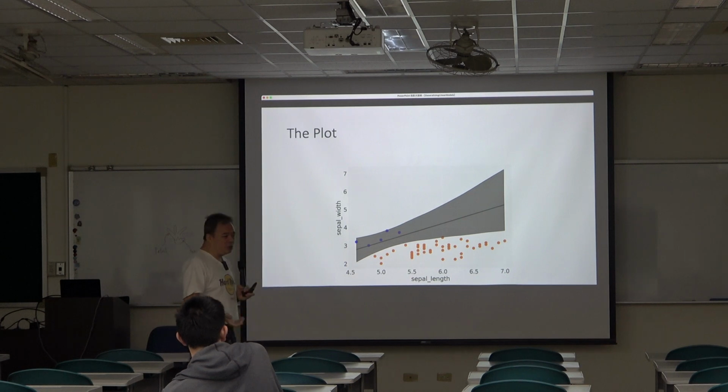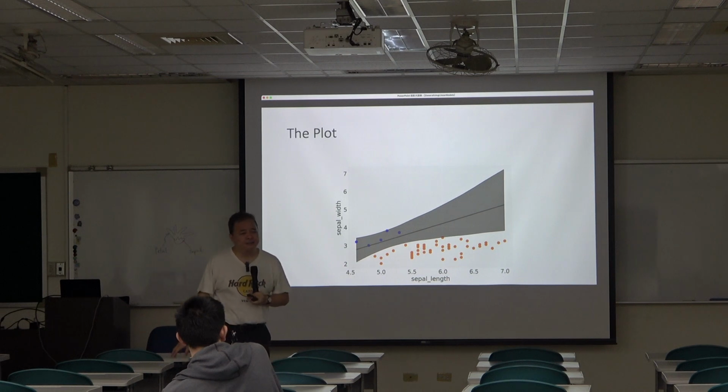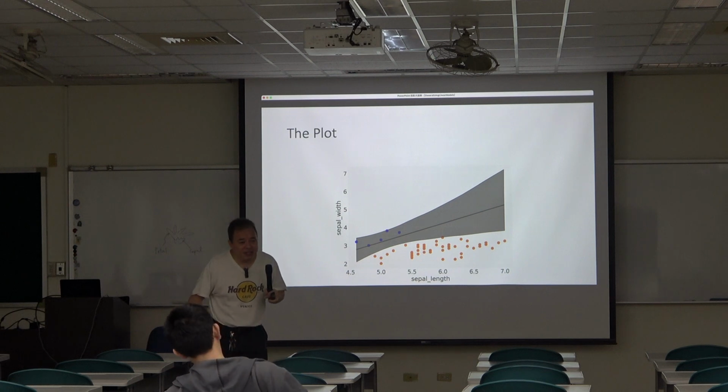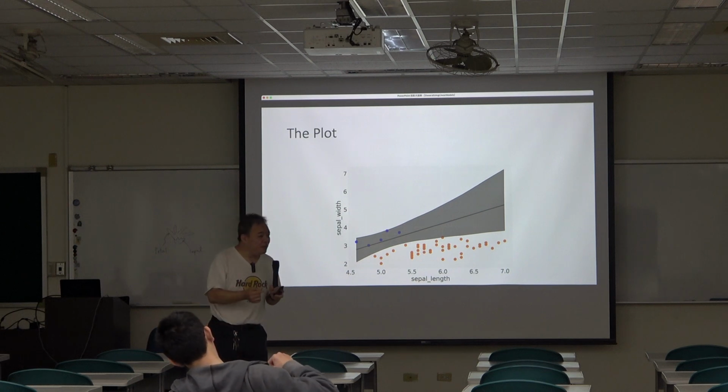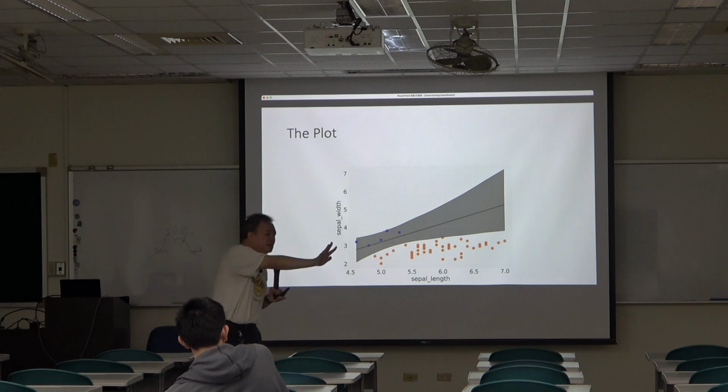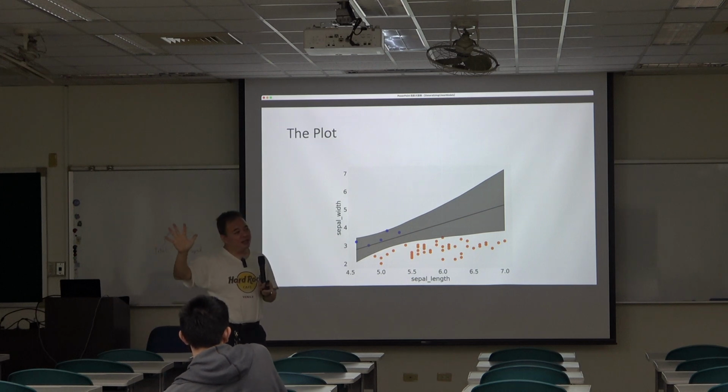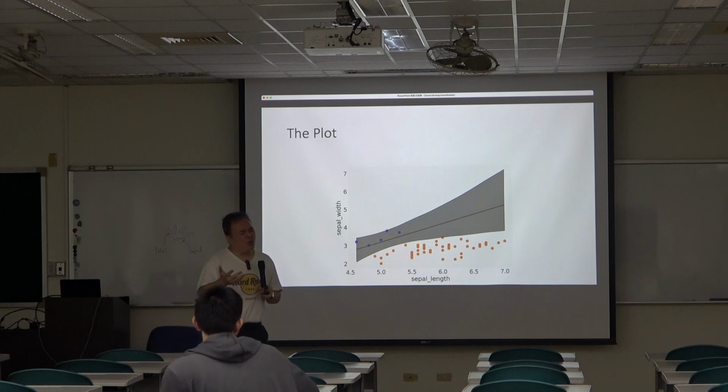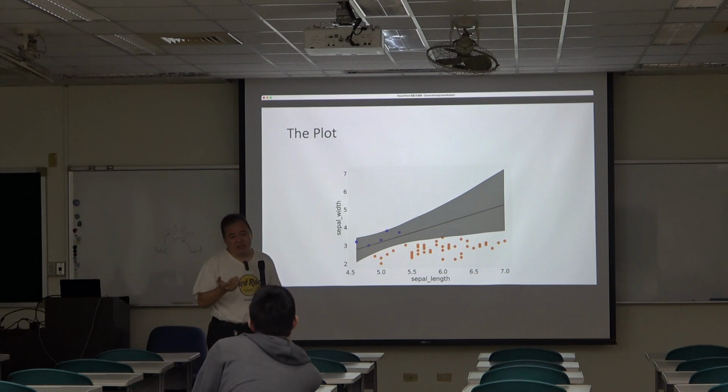Some people may argue, wait a moment, now we have fewer data points, right? Originally we have 50 for one class, 50 for another class, so totally we have 100 data points, and now we have 55, so almost half of the data points.